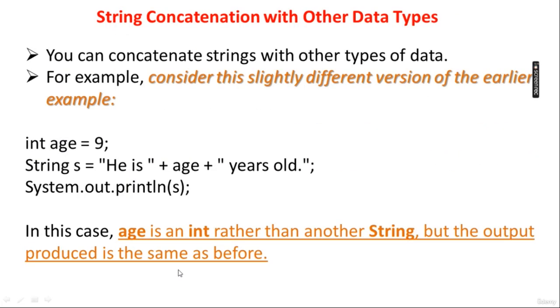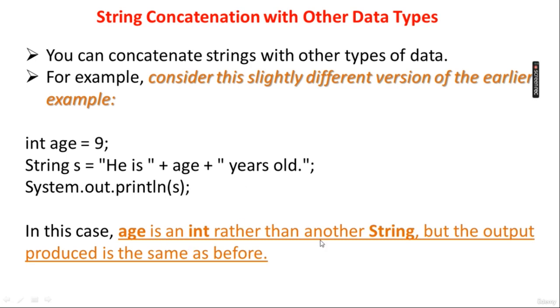Any other data type can be merged here, and when you are using concatenation, it will automatically convert the value to its string representation. If you pass a float here, that float will automatically be converted to a string. If you pass a boolean here, that boolean will be automatically converted to the string representation of the boolean value.